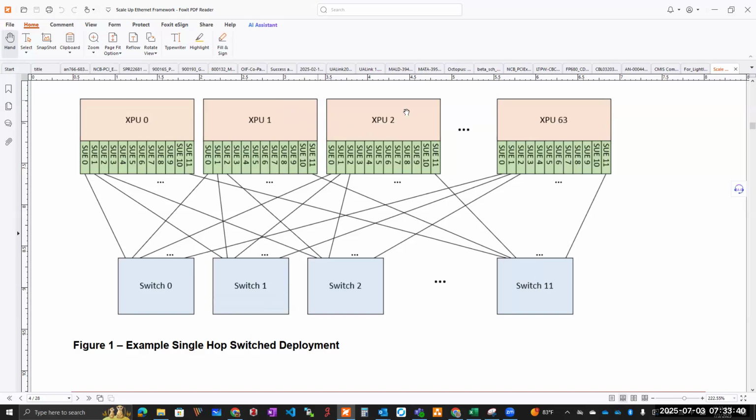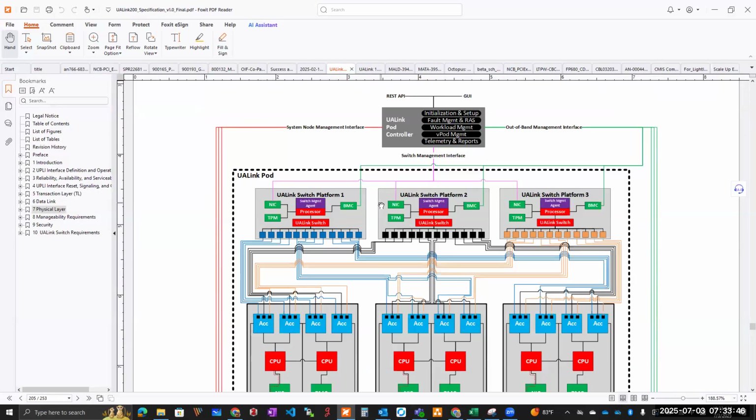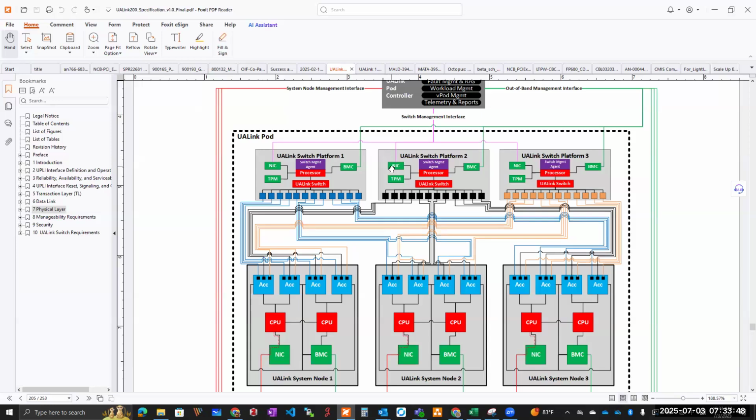When you're looking at the UALink, they're talking about a network structure like this: you have the UALink switch, and you have so many accelerators here.